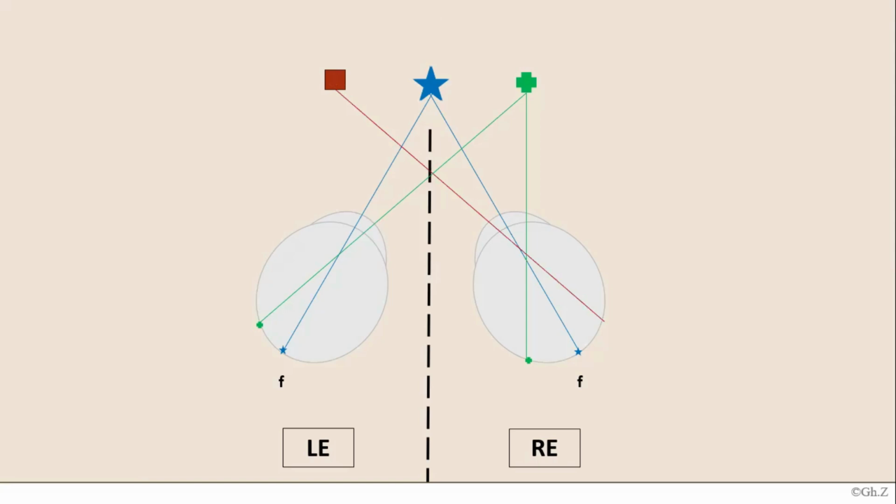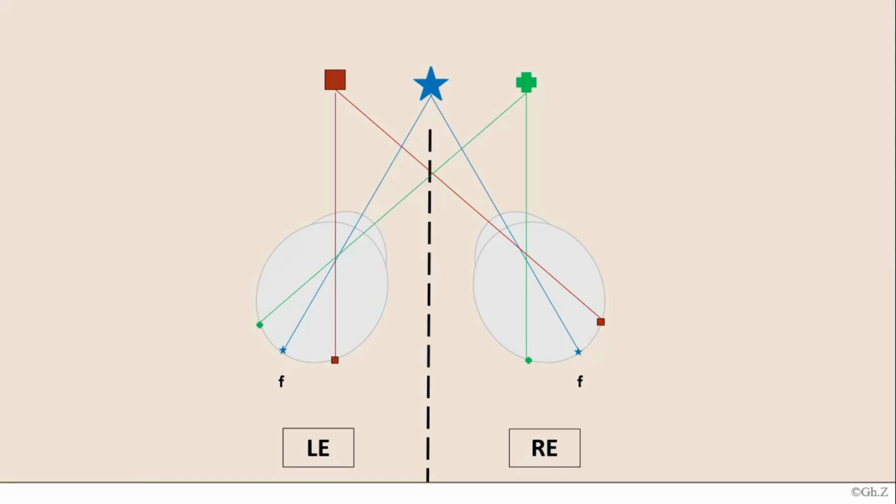So the ray falls on the temporal retina. And this is in the field of blank of the left eye. So this is in the temporal field of the left eye, and the ray is on the nasal retina. It might be confusing, but if you look at the illustration, it would be much clearer, hopefully.